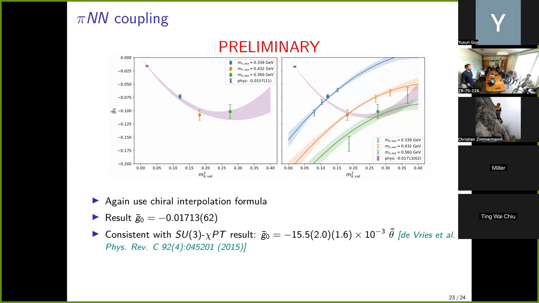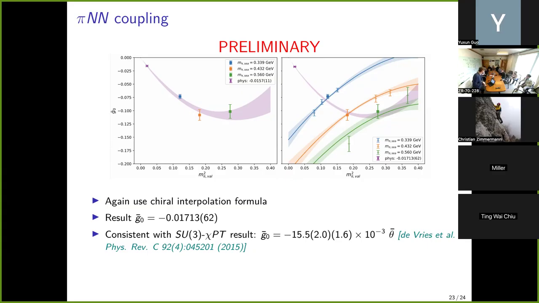The purple line is the unitary case, where ms equals mv. This is unitary only. You see the error bar is a bit larger, but if you consider the full ansatz with respect to the C and the valence quark mass, then it increases the quality of the fit.